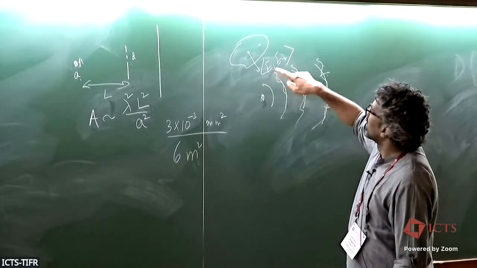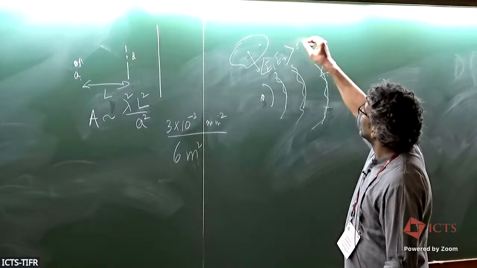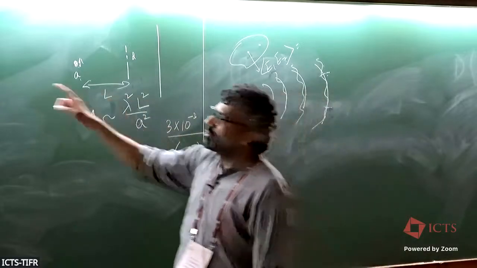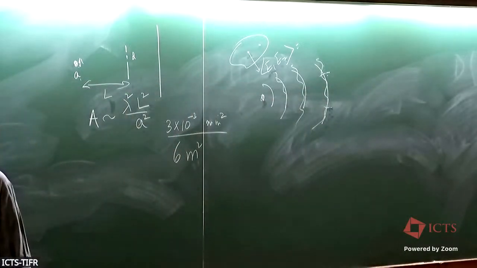It will only become I_lm if 1 and 2 are the same point. This I'm assuming when I'm deriving this. That's what you are referring to.